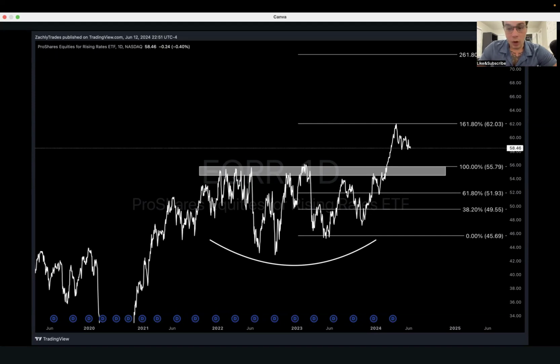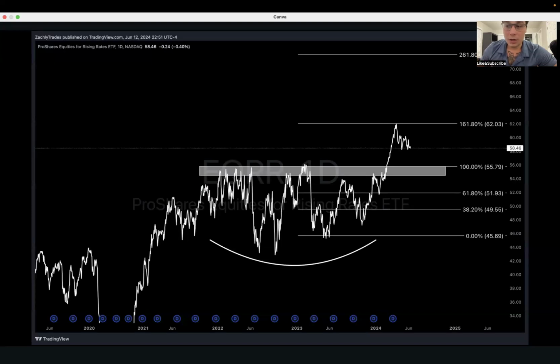And it was pricing that in. We were pricing that in earlier this year. But since then, the market has stopped doing that. And we're not necessarily looking to trade the EQRR, but use this as a signal potentially. And if this can break through its lows and come back down to some of its previous highs, that's going to be another tailwind for the TLT to potentially continue a rally to the upside.